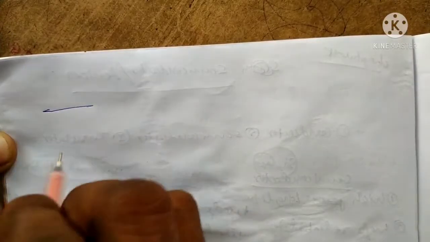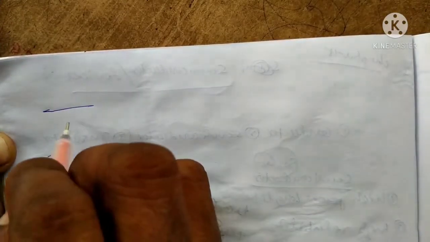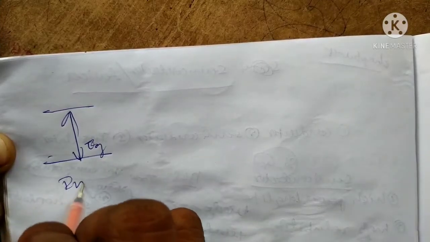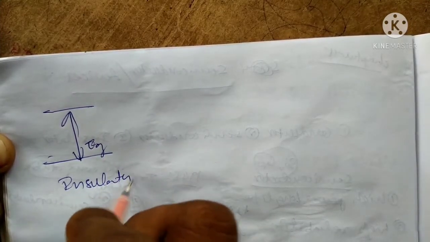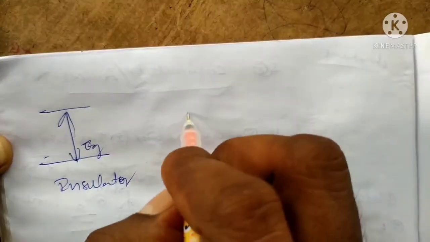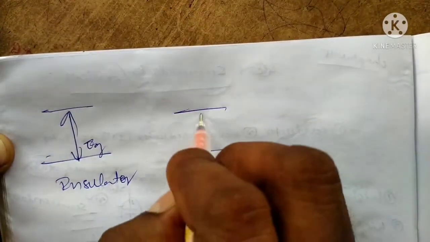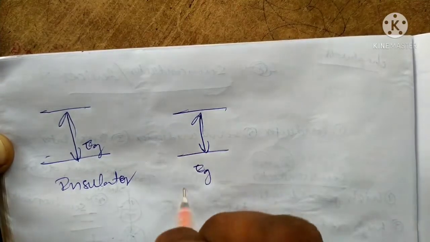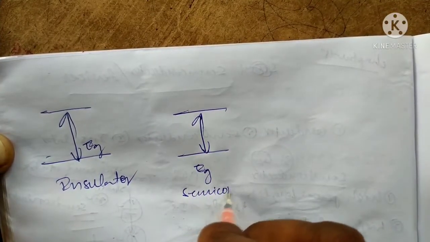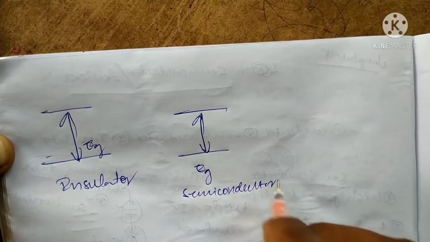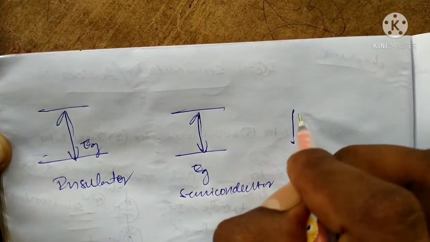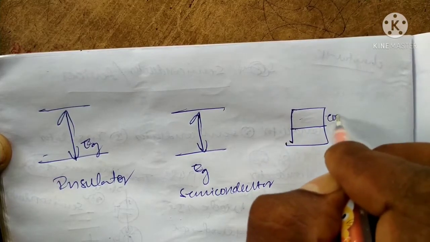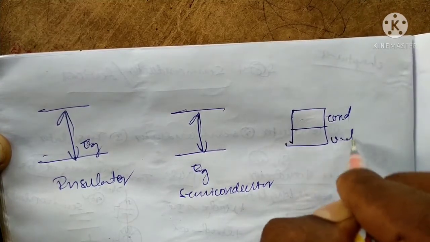The energy gap is large in the case of an insulator. In the case of a semiconductor, it is a small energy gap. In the case of a conductor, there is a conduction band and a valency band.